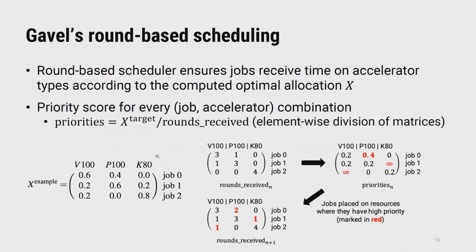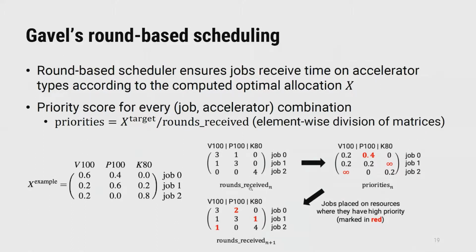So they give an example based on the priority score. If this is the actual optimal placement that we know, X, job 0 should spend 60% and 40% on two different devices. And then this is the run.